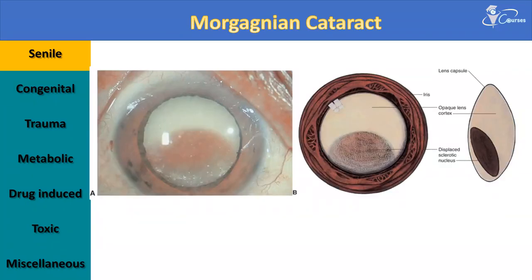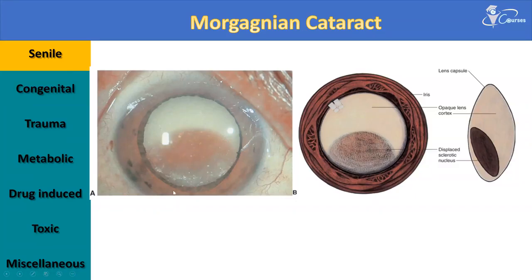When there is further liquefaction of the cortex, there will be free movement of the lens nucleus within the capsular bag. This is another scenario where the nucleus becomes freely mobile and sinks down into the bag. In this case, it is called Morgagnian cataract, where the nucleus is sinking down into the bag.